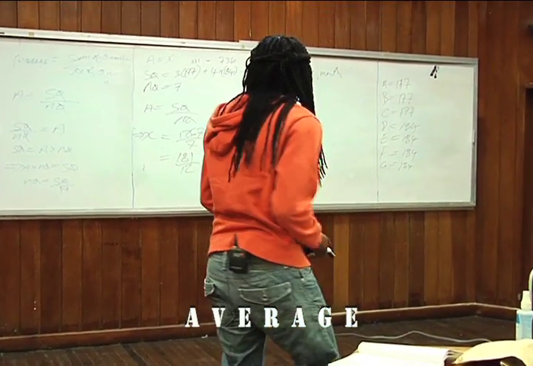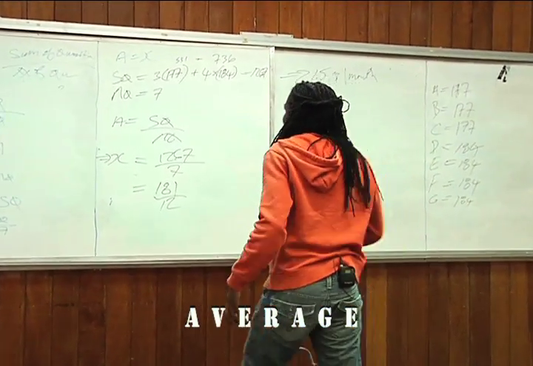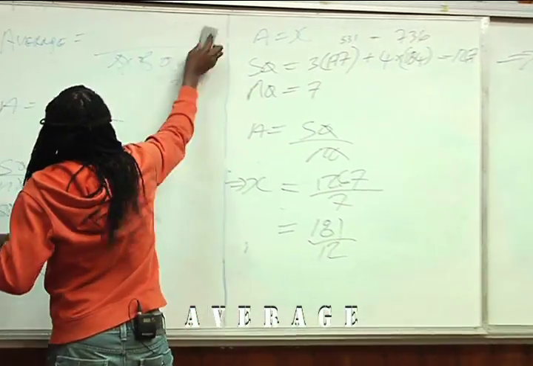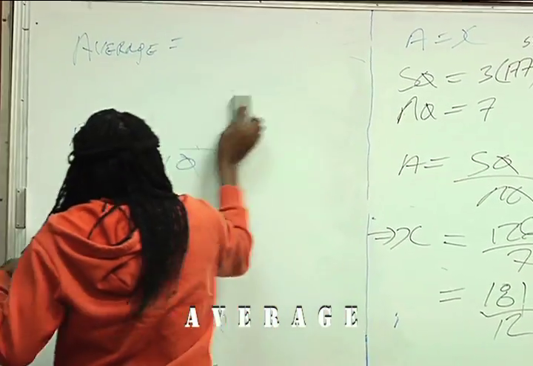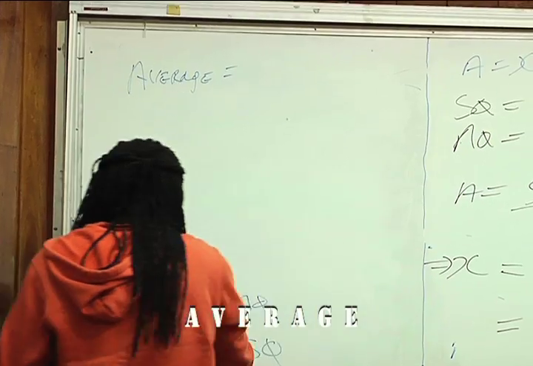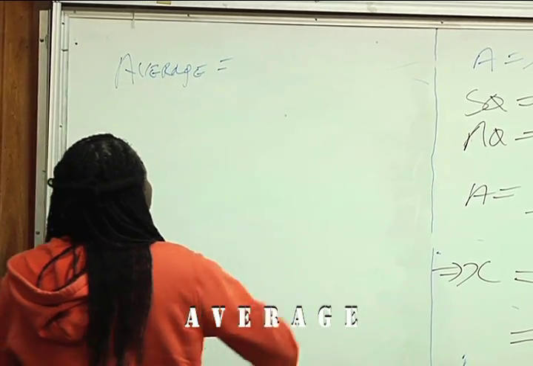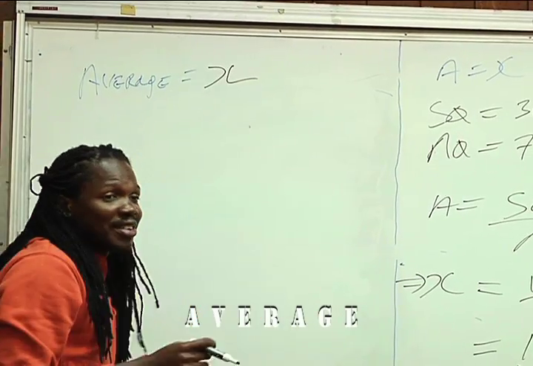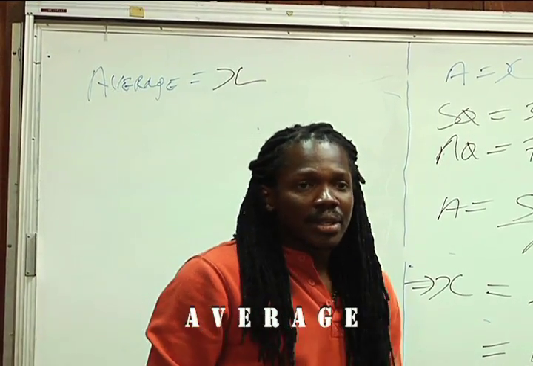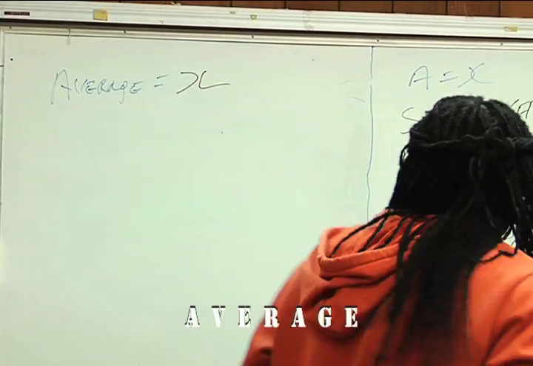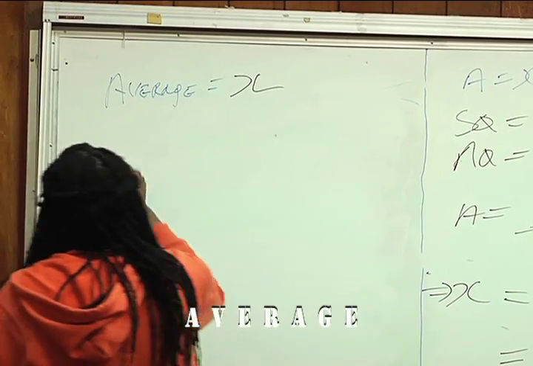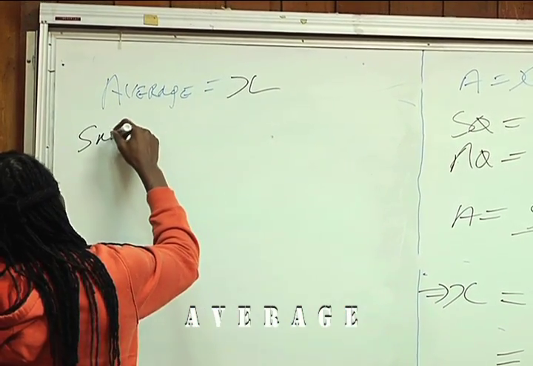So what do I find here? Average equal X, sum of quantities, SQ, over NQ.